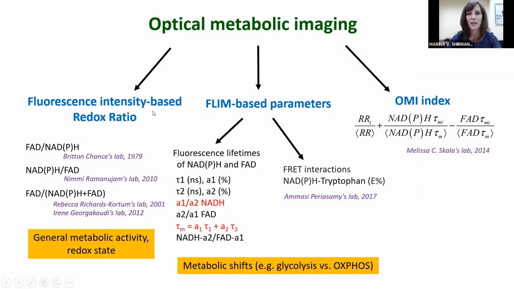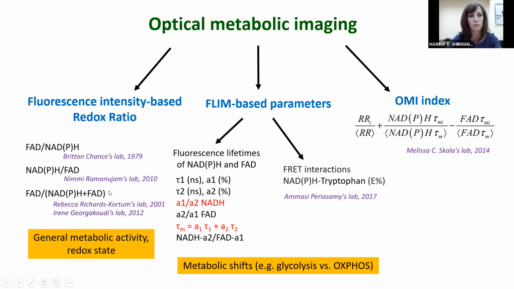Fluorescence intensity-based redox ratio was suggested quite many years ago, in the 1970s, by Britton Chance. It was initially calculated as the fluorescence intensity of flavins divided by the fluorescence intensity of NADH, but then different groups use different formulas.